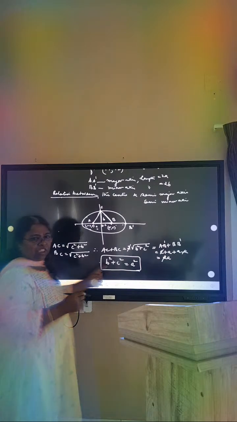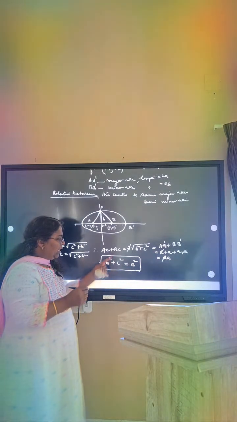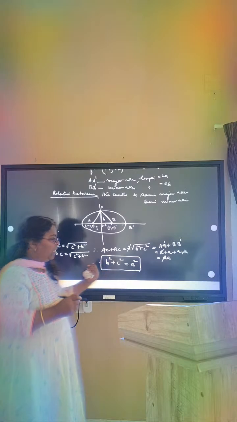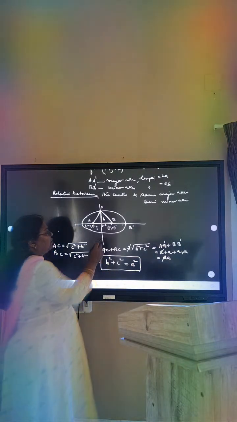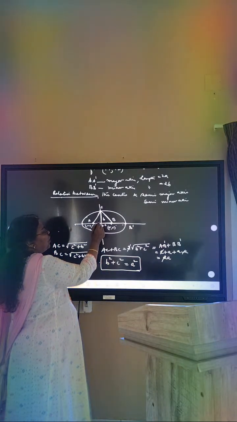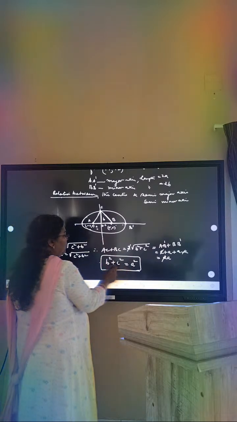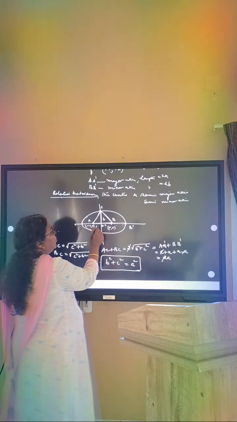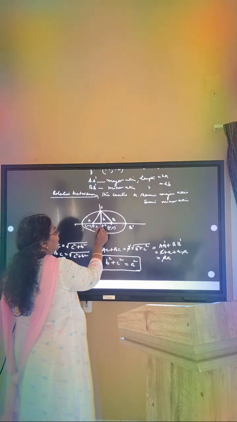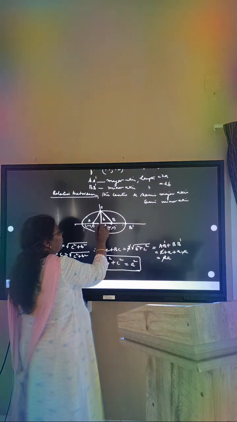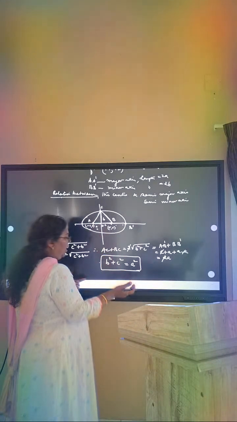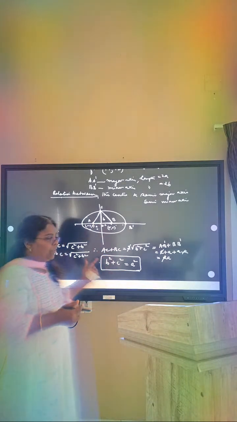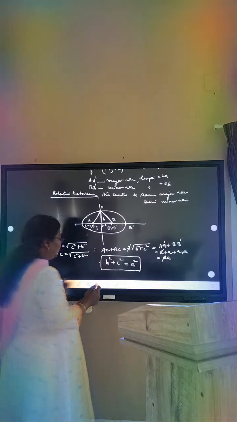So this is the relation between the center, the semi-major axis and the semi-minor axis. The semi-major axis is A, the semi-minor axis is B, and C is the center. So the distance from here to here is C, and here to here is C, and this is your B. And I found a relation: B square plus C square is equal to A square.